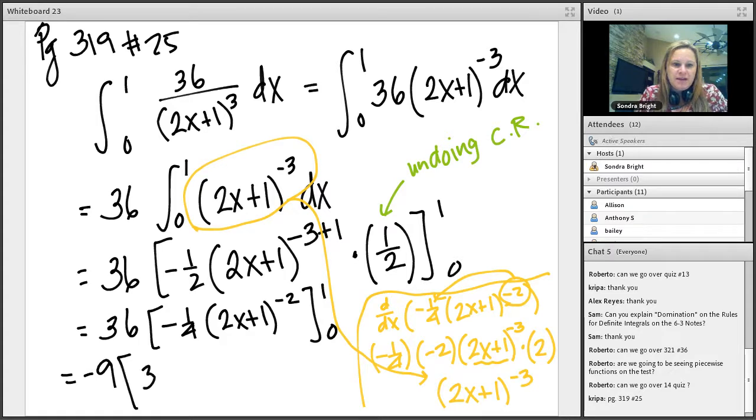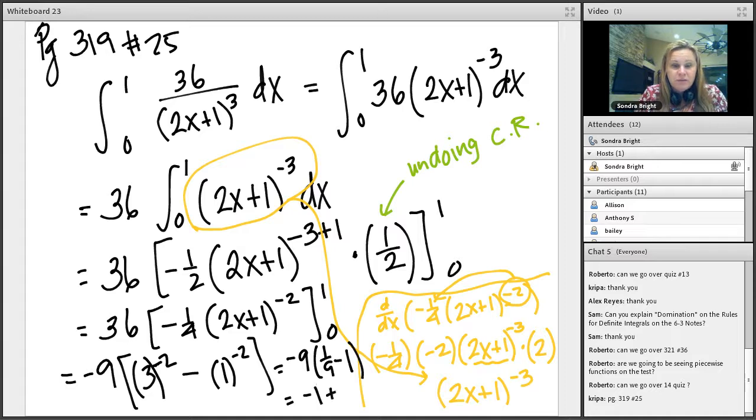Then we go times, plugging a 1 in gives you 3 to the negative 2, minus plugging in a 0, which gives you 1 to the negative 2 power. A negative 2 power means take the reciprocal, so it's 1 over 9. So negative 9 times 1 over 9 minus 1 is negative 1 plus 9, which is 8. Is that the answer? Yep, there you go.